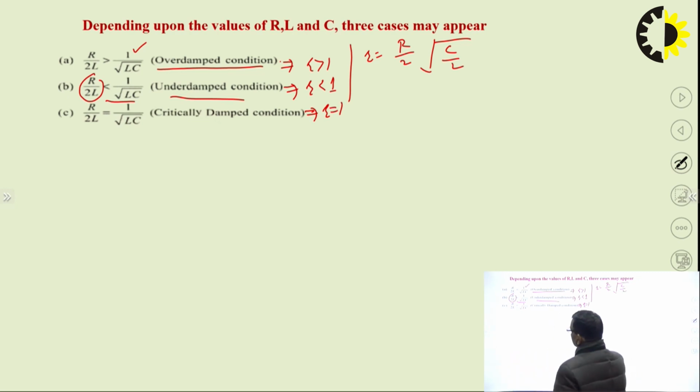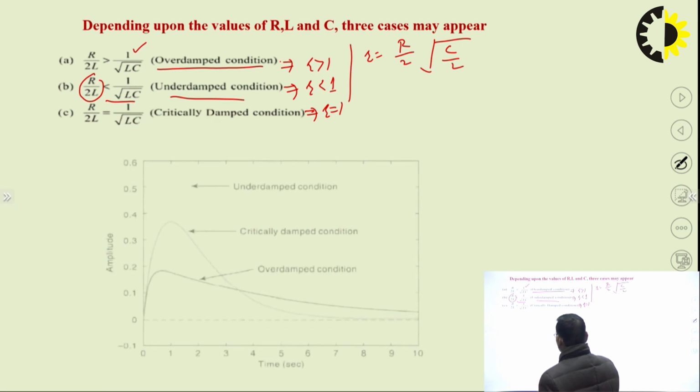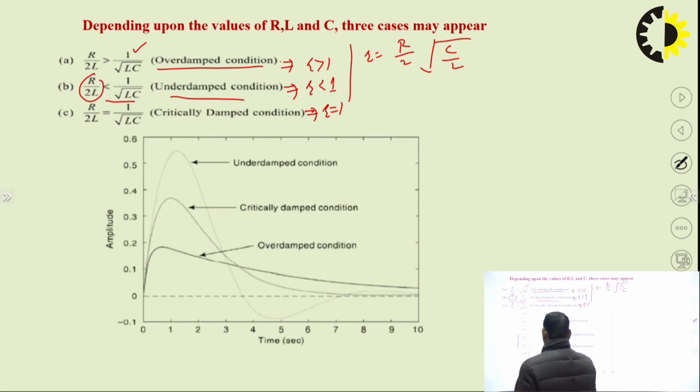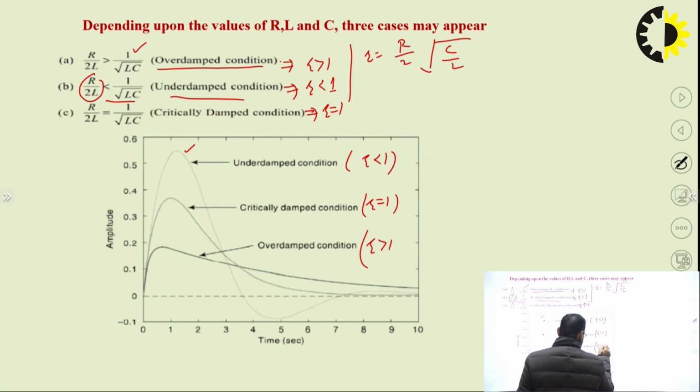So if we plot the different damped cases, overdamped, underdamped and critically damped, we get it like this. This is the topmost, the case of the underdamped condition, where zeta is less than 1. This is the critically damped, where zeta is 1, and in the bottom one zeta is greater than 1.